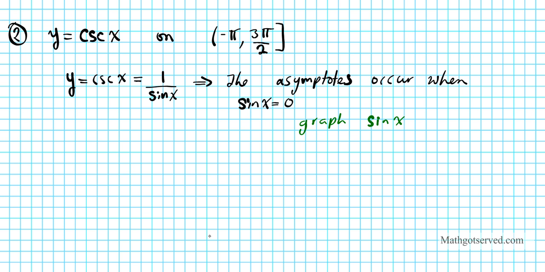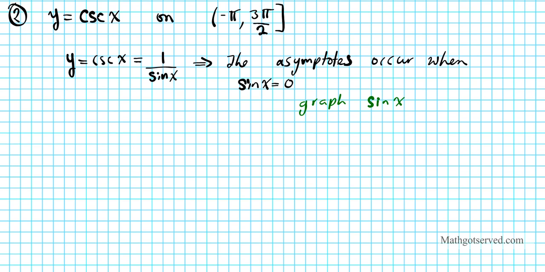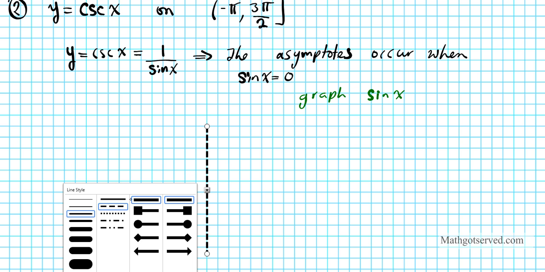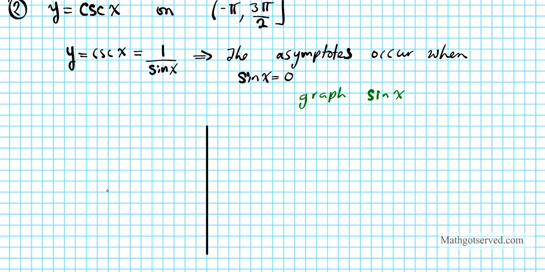All right, so let's go ahead and construct our coordinate system. So there goes my y-axis. Change my line style here. It's solid. Okay, so there goes my y-axis and my x-axis.